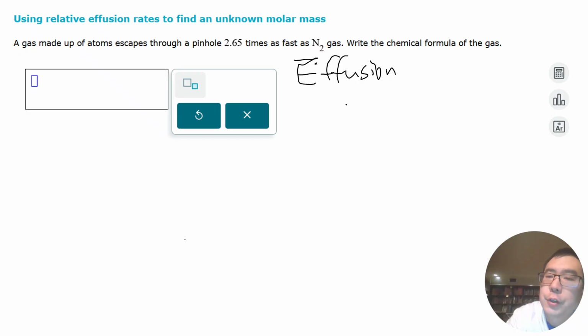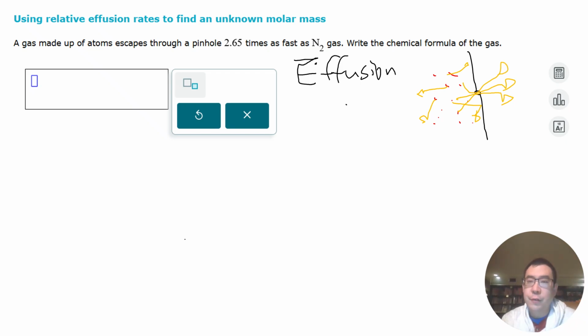So effusion is if you have a little tiny hole, and some gas molecules over on this side, and they are going to spread through that hole. And so some of them are going to bounce off, right? Some of them are going to go the other way, but eventually some of them are going to go through the hole. Right?